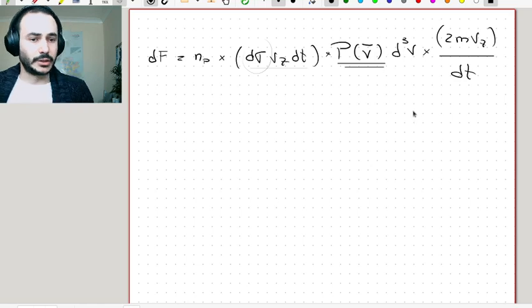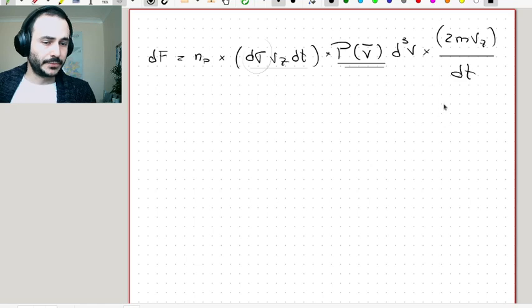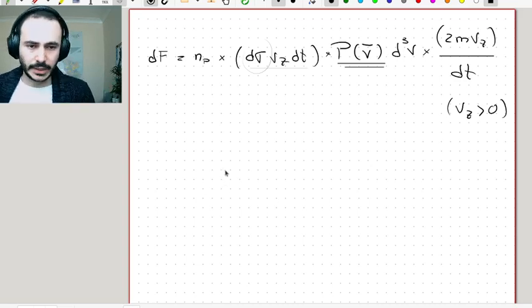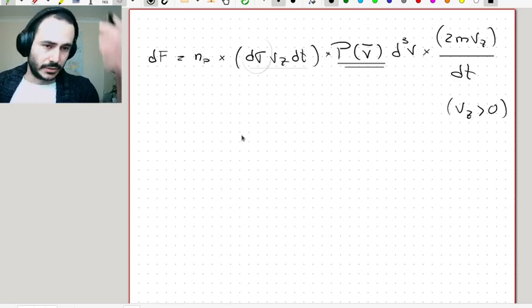I haven't specified here that I'm only interested in particles that are coming into the wall. So let's do that and choose a sign for vz. I'm going to require that vz is positive. That's just one direction, and the particles with vz negative are, by this criterion, going away from the wall.